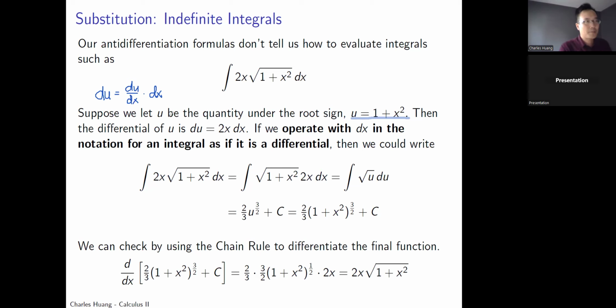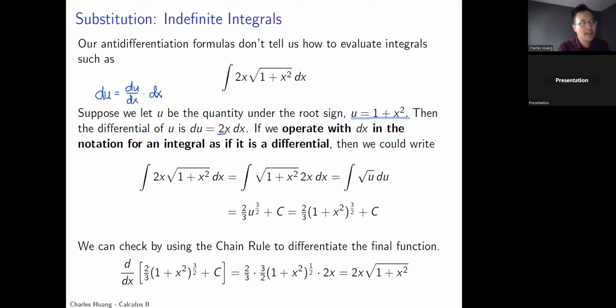And so what we can do here is we can find the differential of our substitution. So we'll take u, and then I will find the derivative of u, and in this case the derivative of u is 2x.